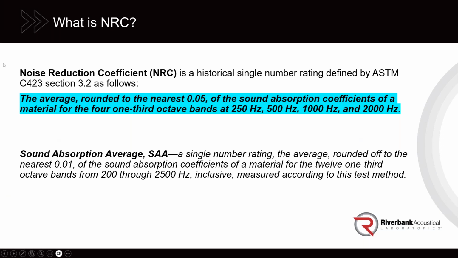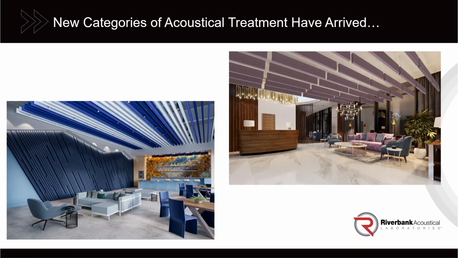The intent was that it should replace NRC. It solves all the problems of NRC, including the confusing name. And all Riverbank reports currently include both of these classifications. It's something we talk about at ASTM, that the architecture industry has famously ignored SAA and continues to specify NRC. But those are how those two are defined.